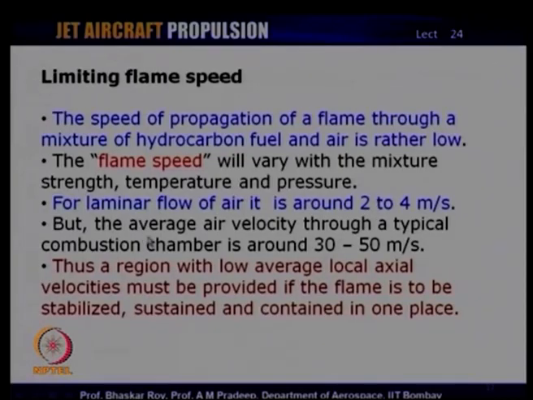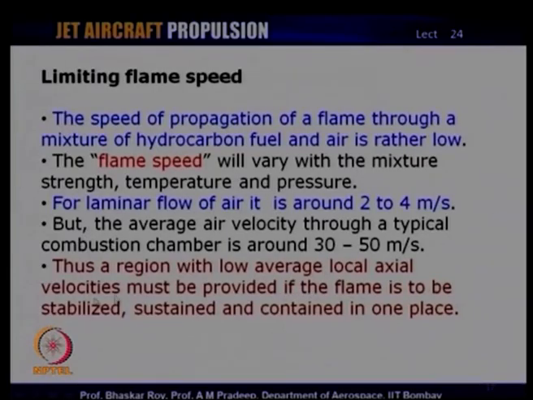The average air velocity through a typical combustion chamber is around 30 to 50 meters per second, that is even after the swirler. So, which means artificially just around the combustion, you need to create an airflow of the order of 3 to 4 to 5 meters per second. Otherwise, the flame cannot be sustained.